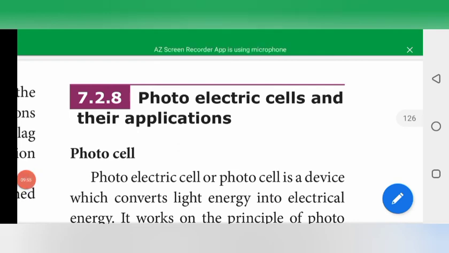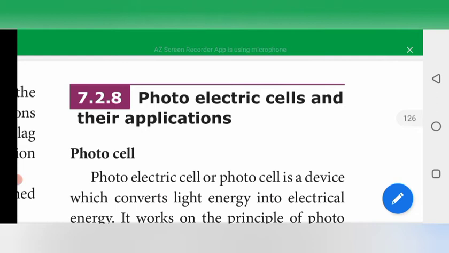So the next topic is photoelectric cells and their applications. The photocell is a device which can convert light energy into electrical energy, and it works on the principle of the photoelectric effect only.